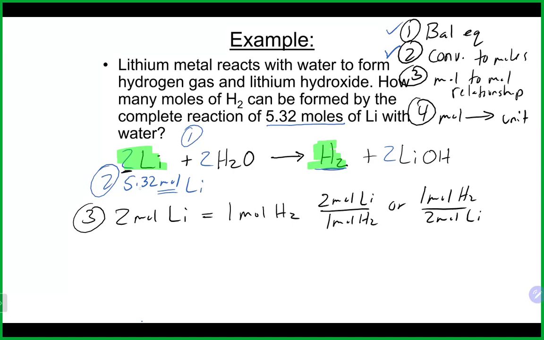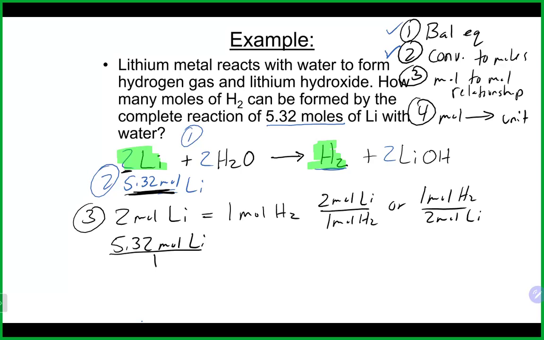We're going to obviously take our result of the 2nd step, and we're going to actually do a calculation now. 5.32 moles of lithium. Once again, not written like that, but again, moles are up on top in this case. That should hopefully make our decision easy. Conversion factor on the left or conversion factor on the right would be the correct one here.